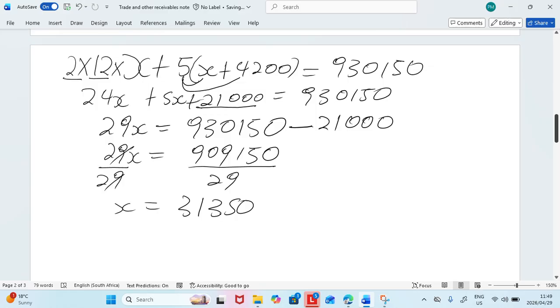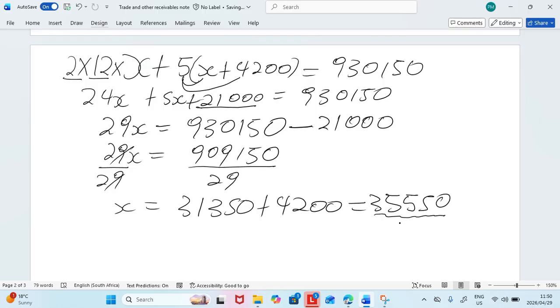So the new director per month was getting 31,350 plus 4,200, then he was getting 35,550 per month.